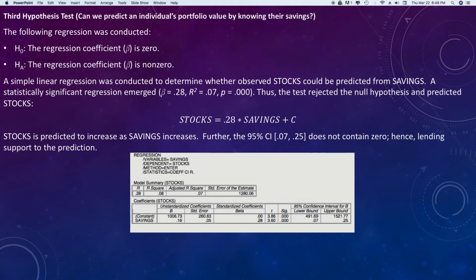A simple linear regression was conducted to determine whether observed stocks could be predicted from savings. And again, we see a statistically significant regression emerged in which beta equals 0.28, the r-squared value equals 0.07, and p equals 0. Thus, the test rejected the null hypothesis and predicted stocks.